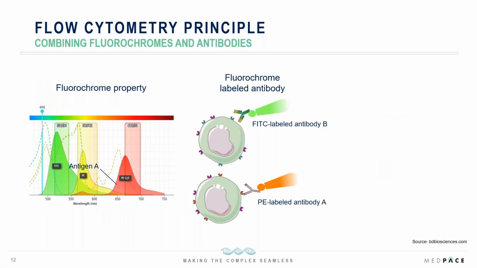But in the case of our example with the two cells that look similar but in fact are different, we can take these fluorochromes and conjugate them to our specific antibodies and then label the cells.